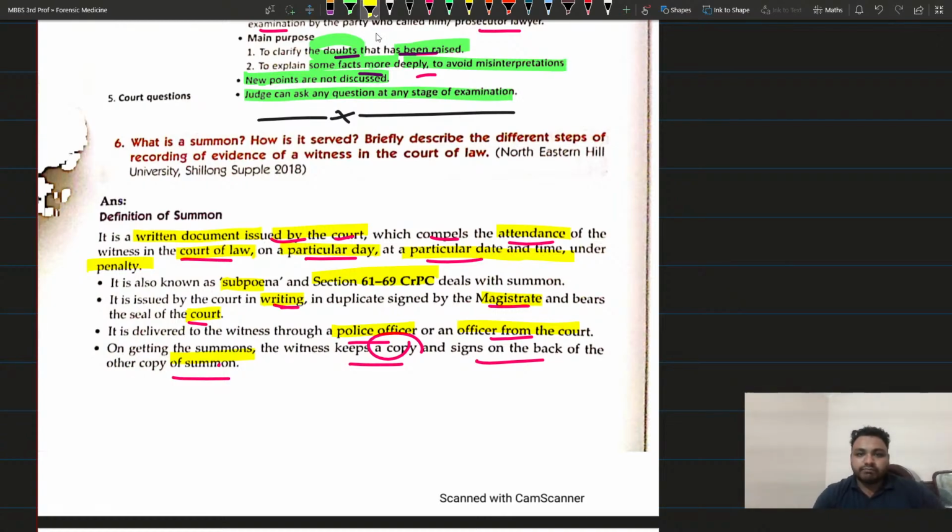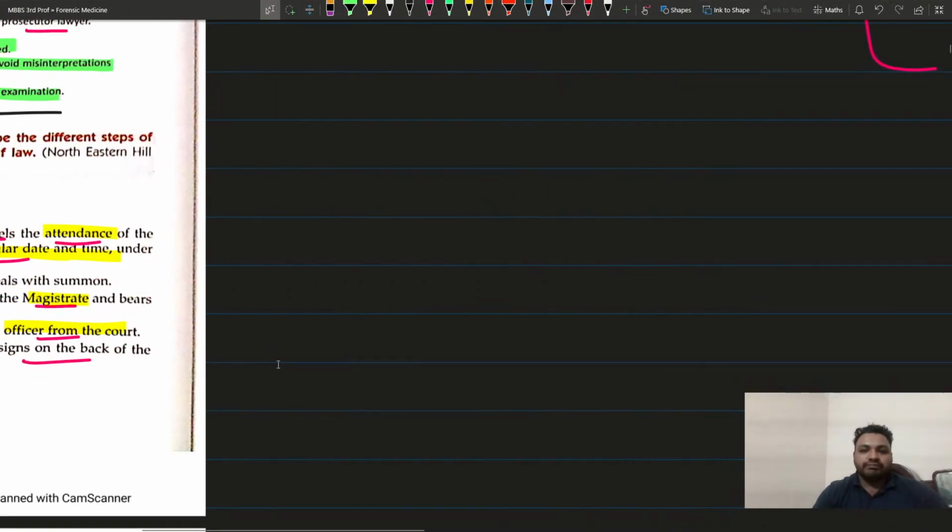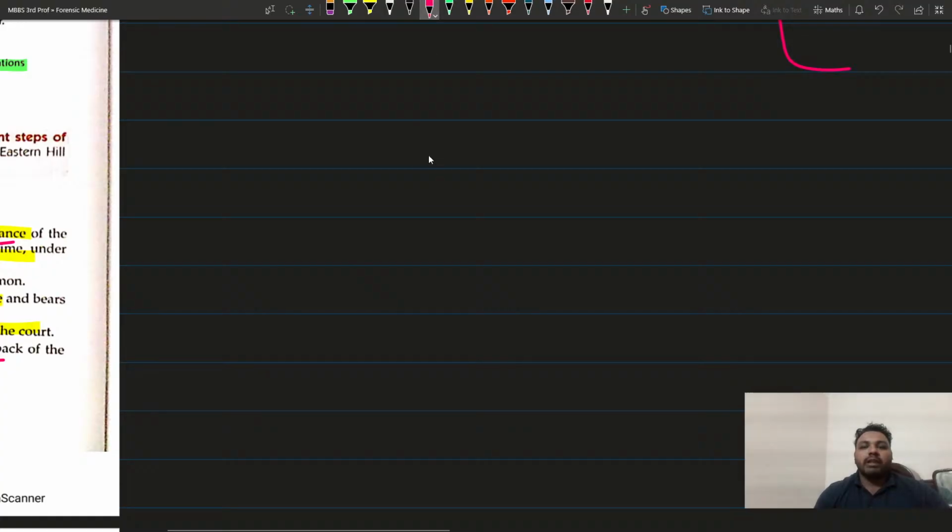Now, let me give you a bit of an overview. A summons is a written document issued by the court which compels the attendance of the witness on a particular day and time. It is written by the court, signed in duplicate by the magistrate, and delivered with the stamp of the court.